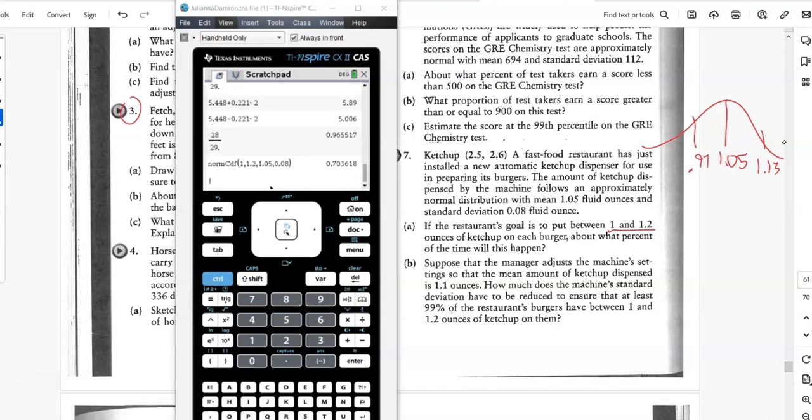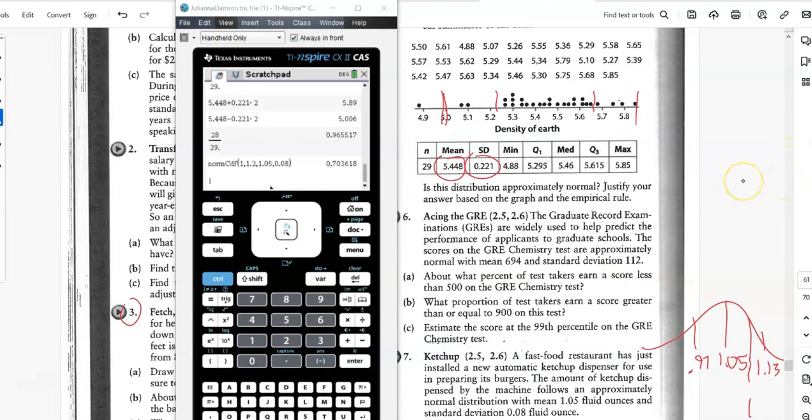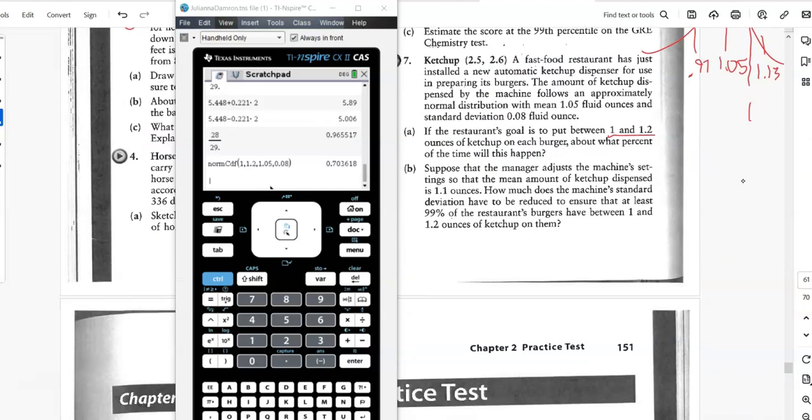And you're going from 1 to 1.2, so from 1, which is right around here, to 1.2 out there. You're shading that 1 to 1.2 area and finding that in your calculator. And we think it's 70.3%.